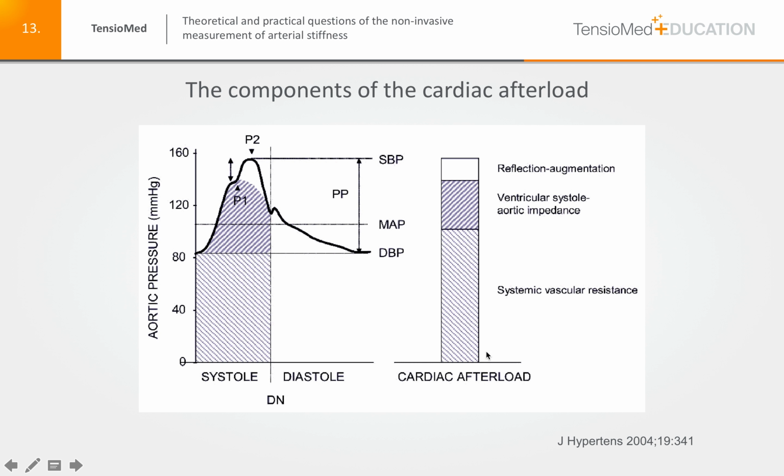In the cardiac afterload, the systemic vascular resistance and the reflected augmented pressure play a fundamental role. So the increased augmentation index is basically equivalent to the increased cardiac afterload. In other terms, the higher the augmentation index, the more work the left ventricle must do.